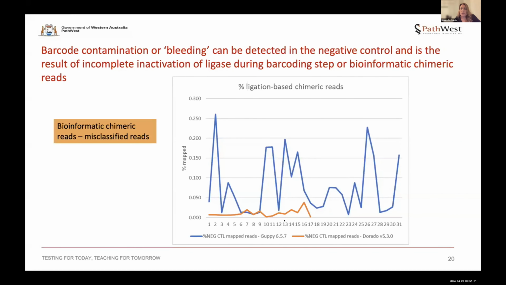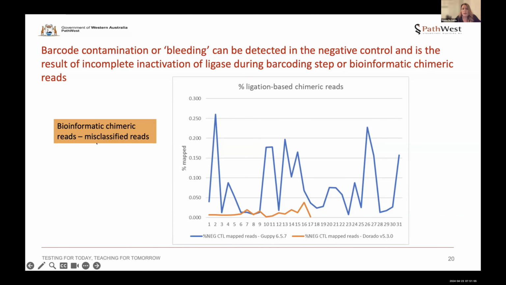And then when we switched to the Dorado base caller, we basically got rid of those chimeric reads. We didn't see those chimeric reads to the same proportion as we did with our previous base caller.